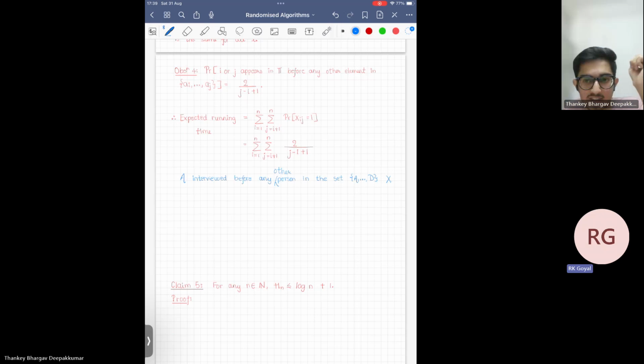Okay, so now there is another statement. What does this mean? This means that B would be interviewed first, and then the remaining elements A, C, and D can appear in any order.